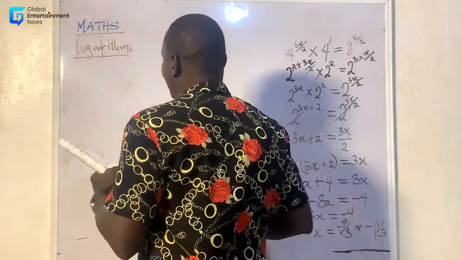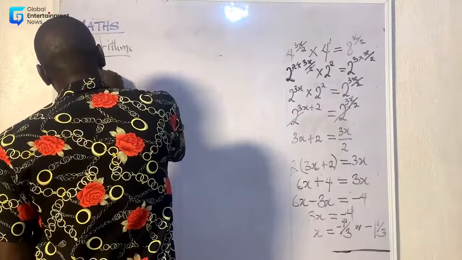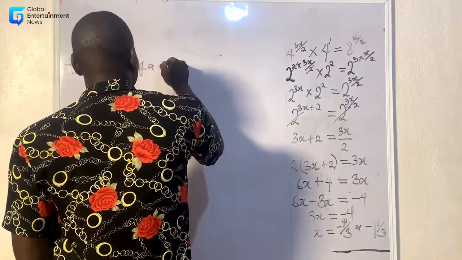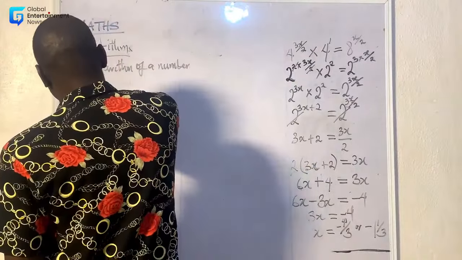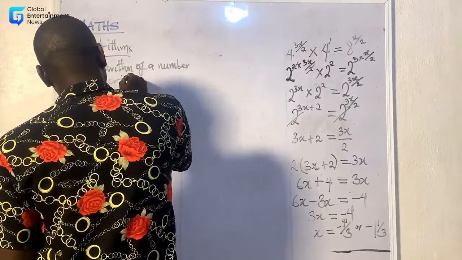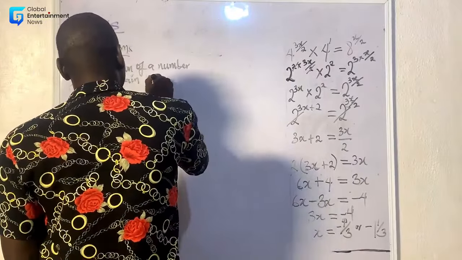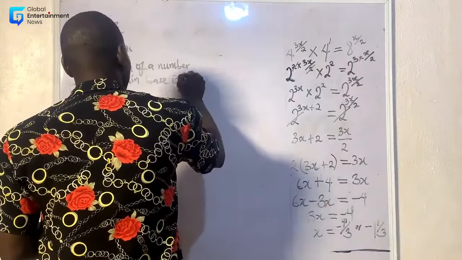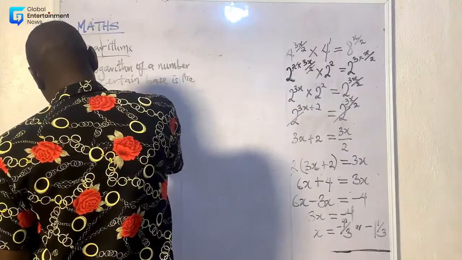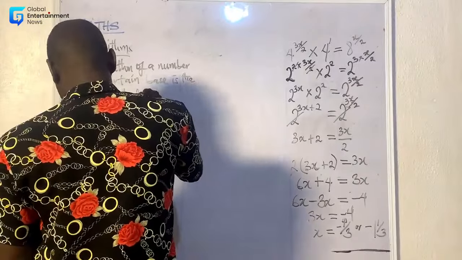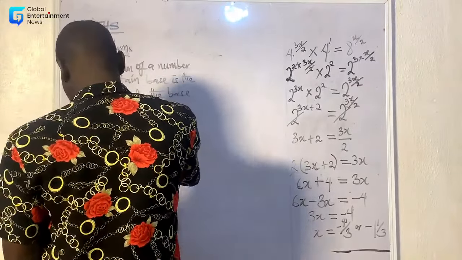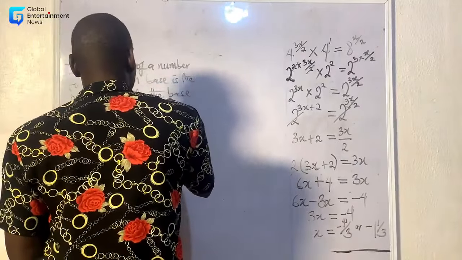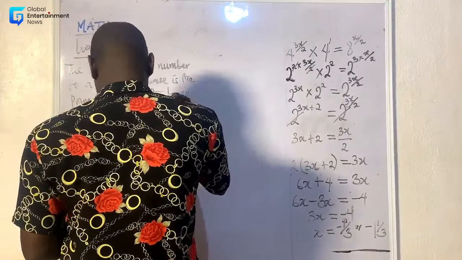The logarithm of a number to a certain base is the power to which the base must be raised to obtain the number.